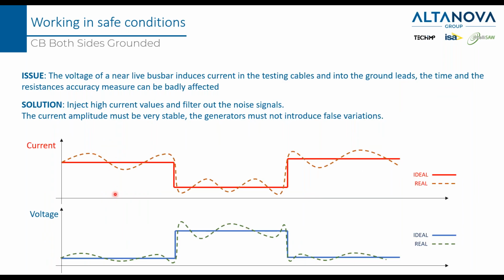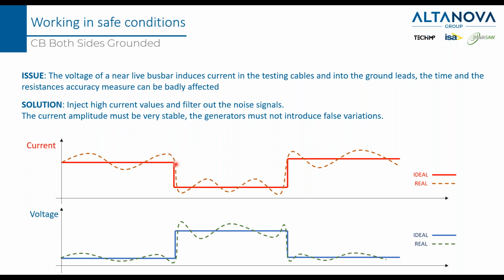But when you do the test in the field, you will not get these ideal graphs. You will get something like this, because you have the line frequency that is coupling, and you see a 50 or 60 hertz signal superimposed on your signals, for example. When you do the measurement, you really need something that filters out these extra signals that reduce the time accuracy.